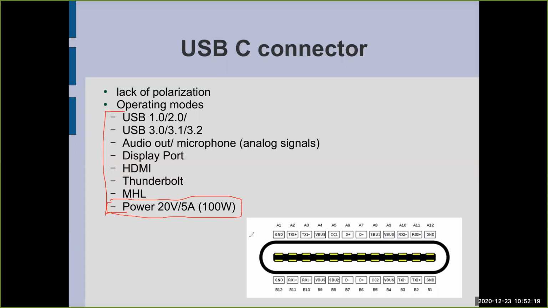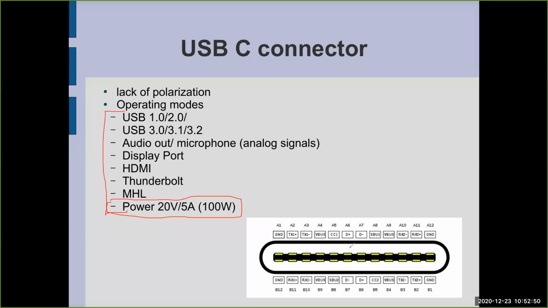What else? If you look at this interface, you can see that on the top side and the bottom side we have elements which are mirrored. Here I have GND, here I have ground, 2 lines of TX, 2 lines of TX, VBus, VBus.